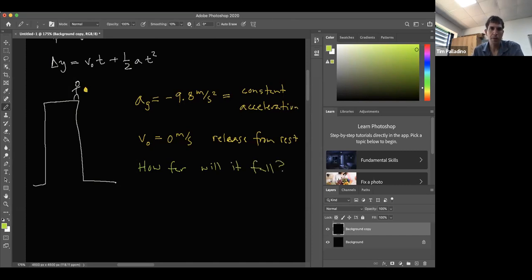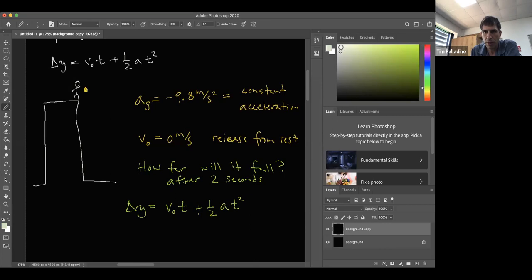Okay, so we're going to start with this equation. We're using delta y in this case because it's the up and down direction. And we're going to do V initial times t, plus 1/2 a t squared. How far will it fall after 2 seconds? I should write that down.